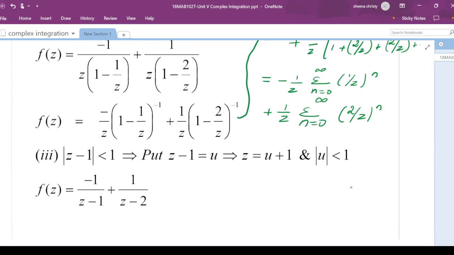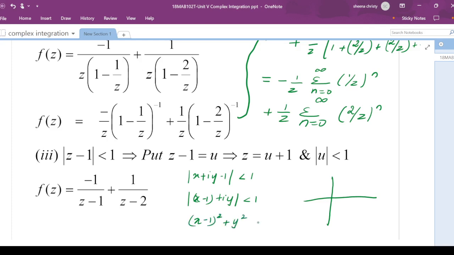What does the circle represent here? If you are drawing the circle, here z minus 1 will be like modulus of x plus iy minus 1. This gives you modulus of x minus 1 plus iy, which is less than 1. Likewise, it represents the circle (x minus 1) the whole square plus y square is less than 1 square, if you are taking the modulus.